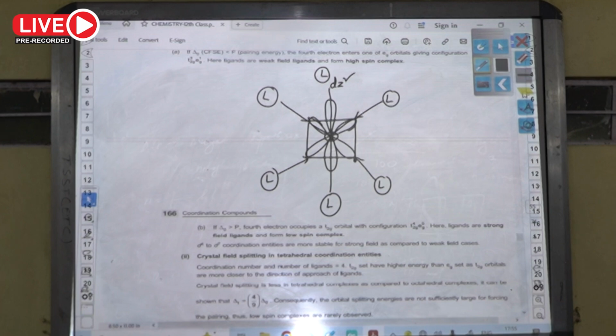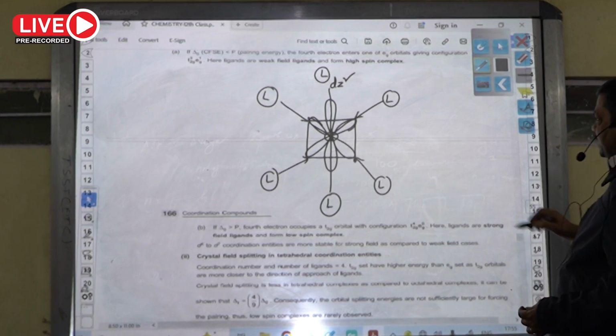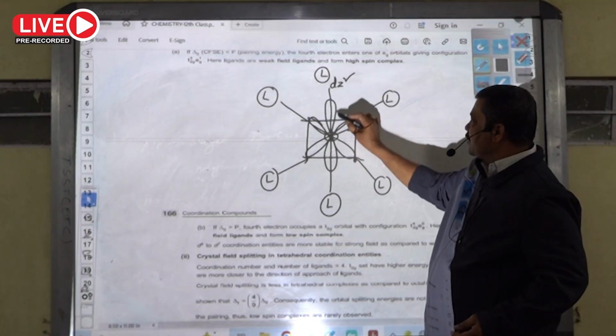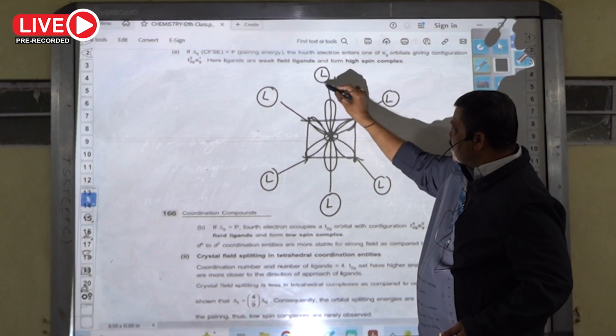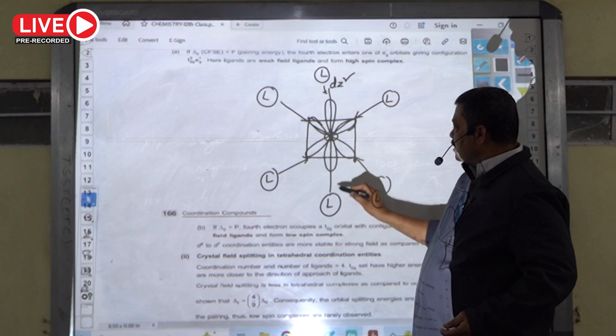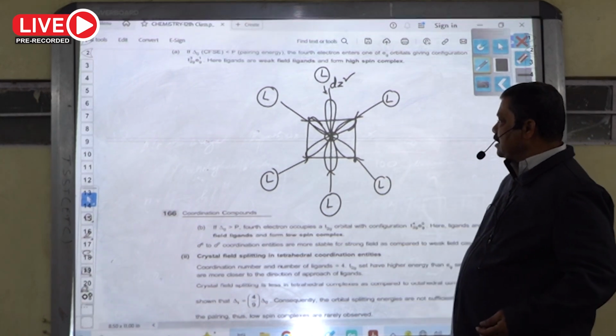So when 6 ligands are approaching, 4 from the 4 corners of a square, 2 from the axial position, which lobes of d orbitals are directly facing the ligands? The 2 lobes of dz square. This lobe is directly facing the ligand. Similarly, this lobe is also facing a ligand.